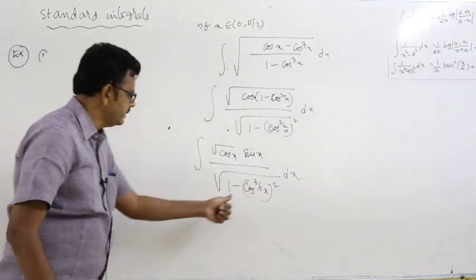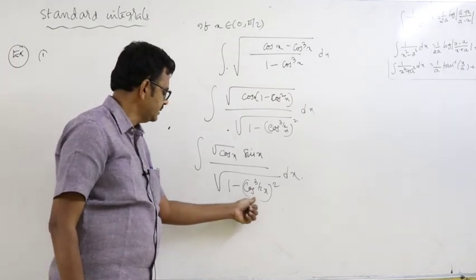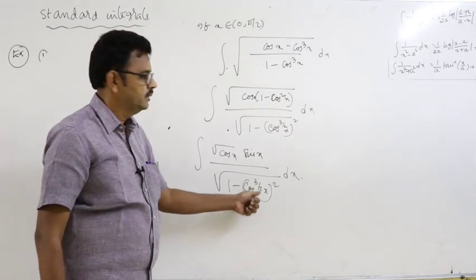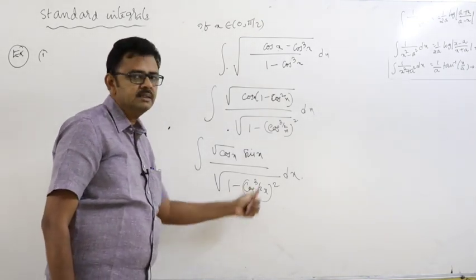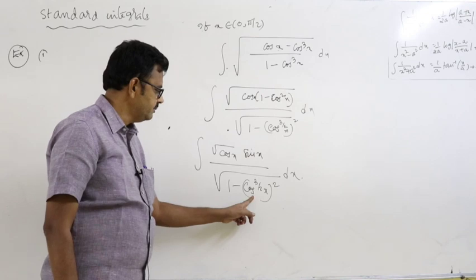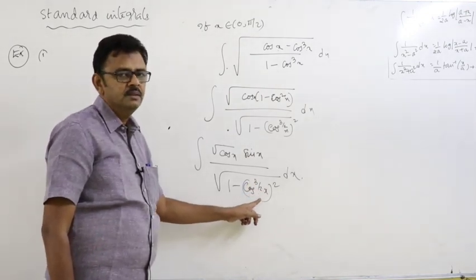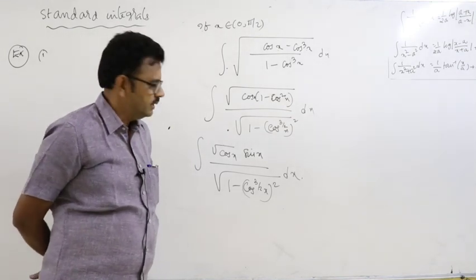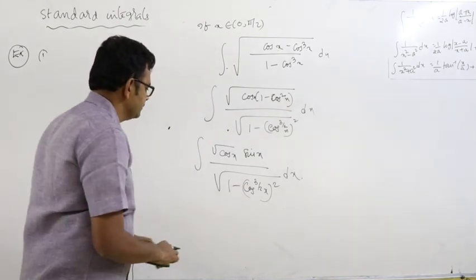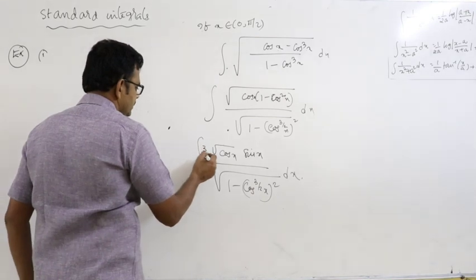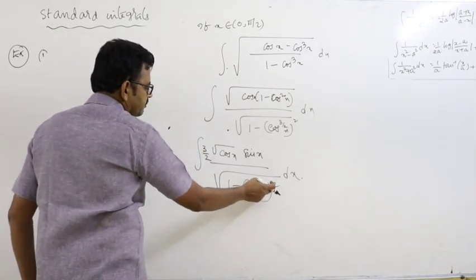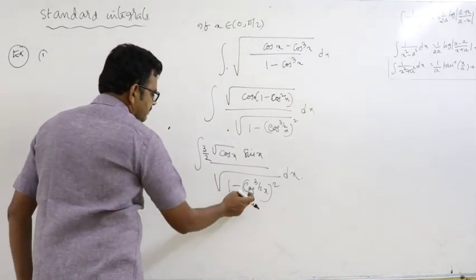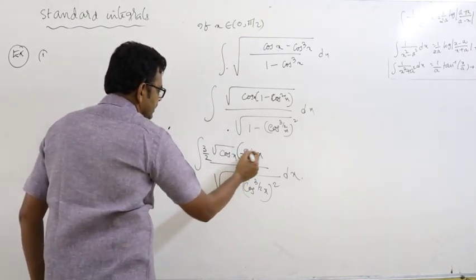Now what is the derivative of cos power 3 by 2 x? Using n into x power n minus 1, it is 3 by 2 into cos x whole power 1 by 2, root cos x, into derivative of cos x, which is minus sin x.